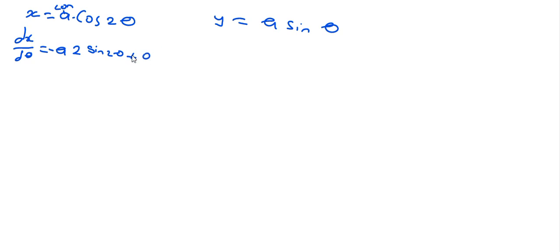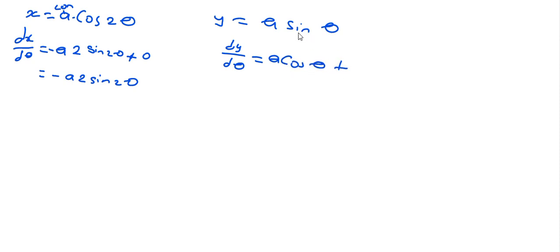Remember, any number times 0 is 0, so which is still the same as negative 2a sine 2 theta. Then let's derive our y equation. dy over d theta is going to be cos theta.